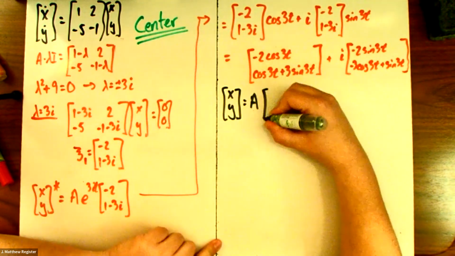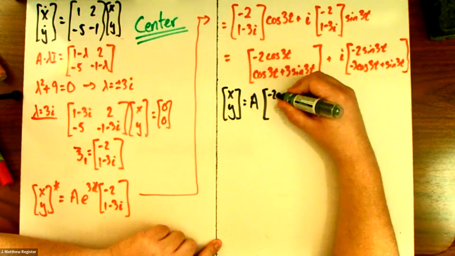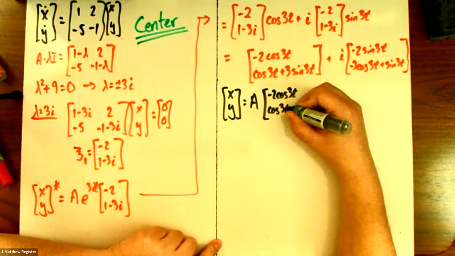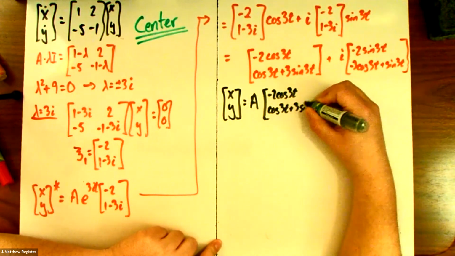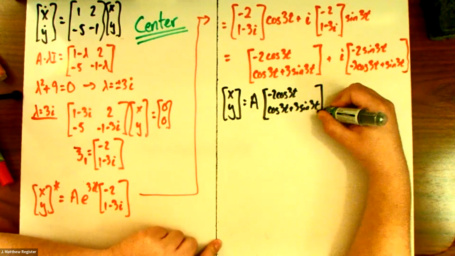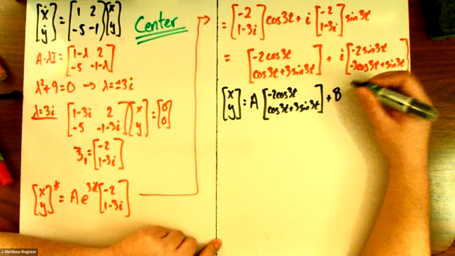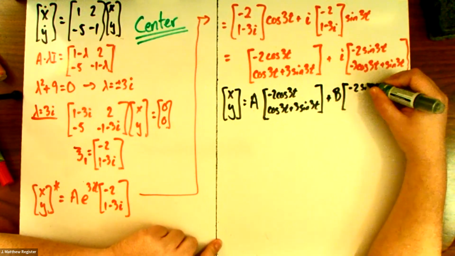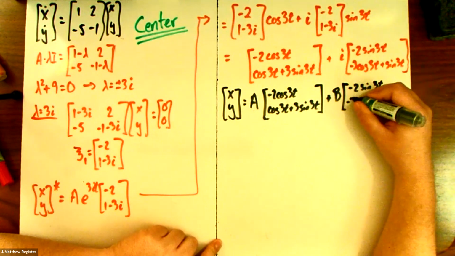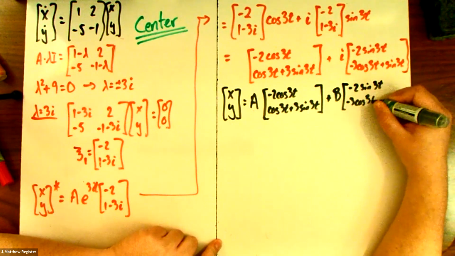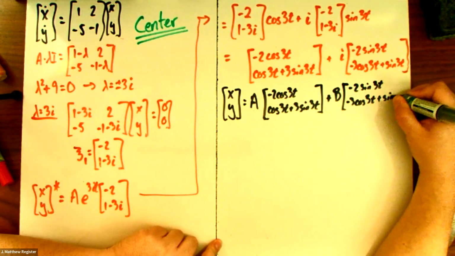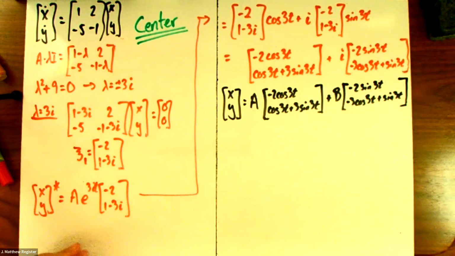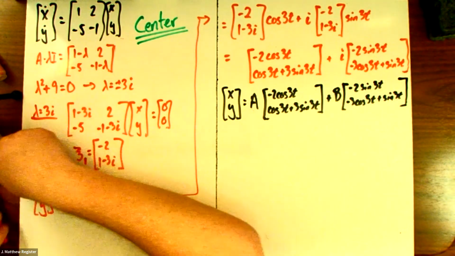And it's going to be our negative 2 cosine of 3t, then cosine of 3t plus 3 sine of 3t, plus b, then it is a negative 2 sine of 3t and negative 3 cosine of 3t plus sine of 3t. Excellent.